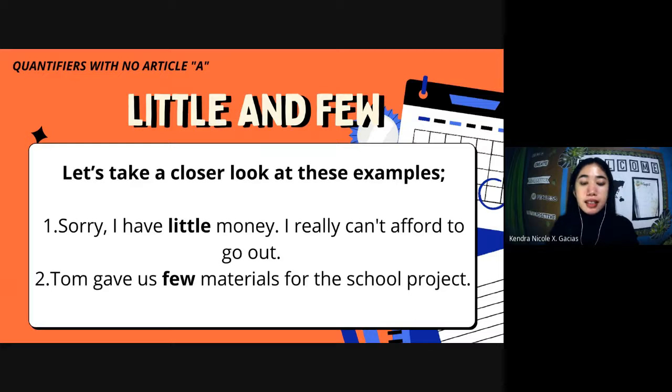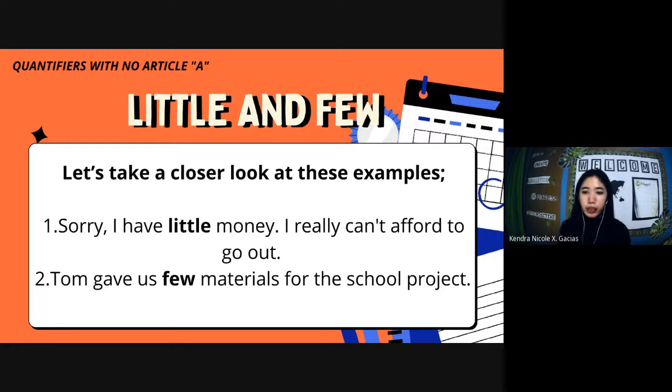So both sentences express negative feelings, right? In the first example, it feels bad when you want to go out with your friends, but having little money will give you a second thought. While the second example expresses disappointment, because the receiver of the materials expected Tom to give more supplies, but unfortunately, Tom didn't.